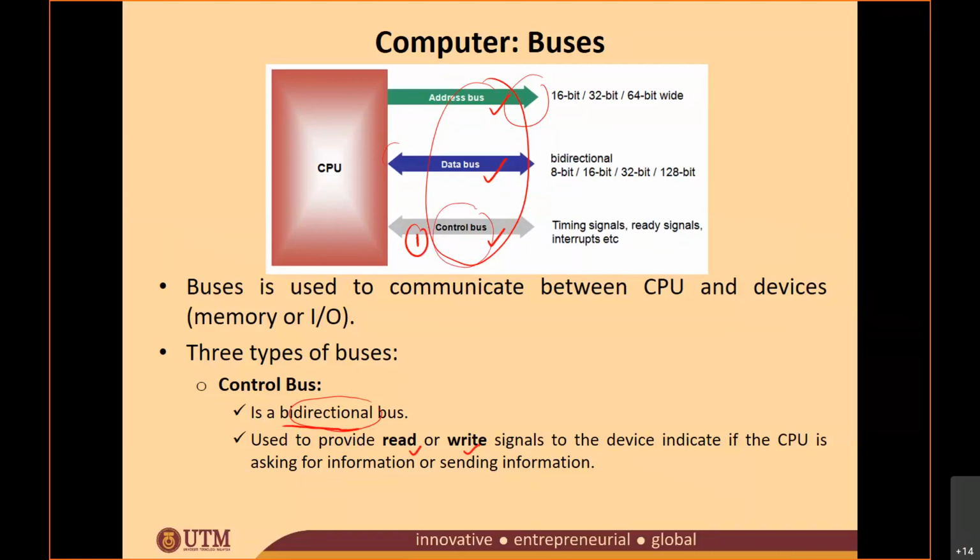If you're going to read data, then the data will come in from the data bus, from outside to the CPU. If the control bus says we're going to write data, it means you're going to send out data from the CPU to your memory or your I/O using the data bus. So this is only for control purposes, either read or write.